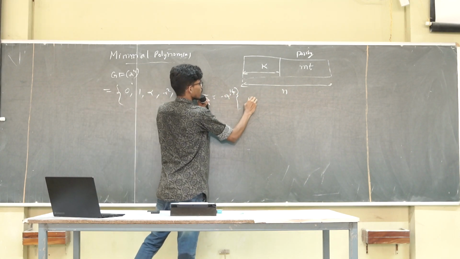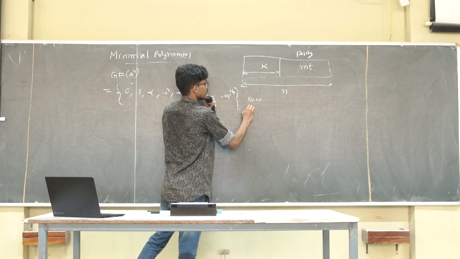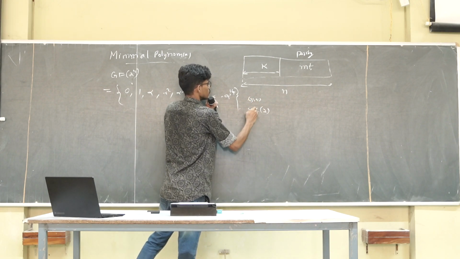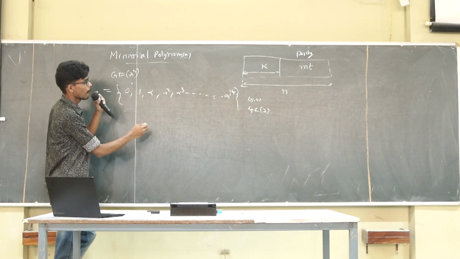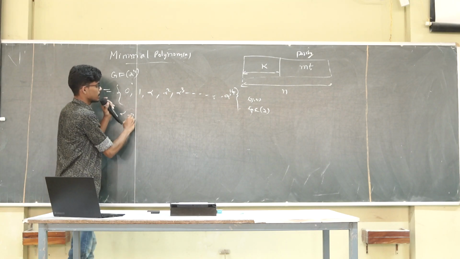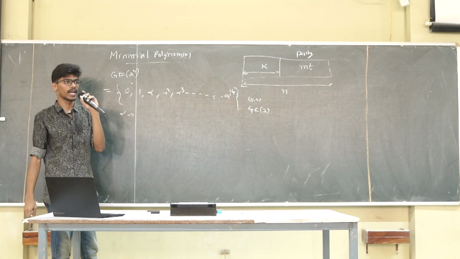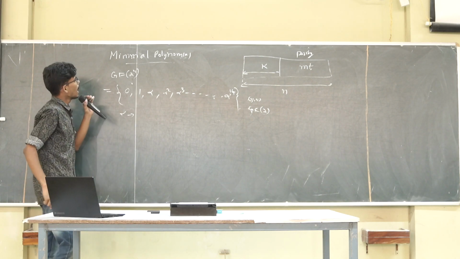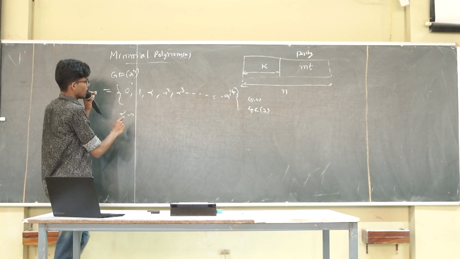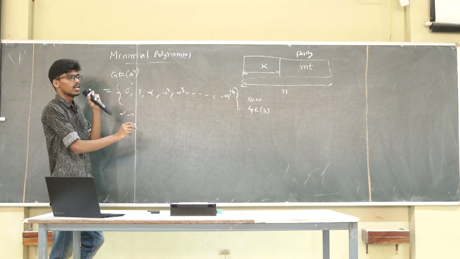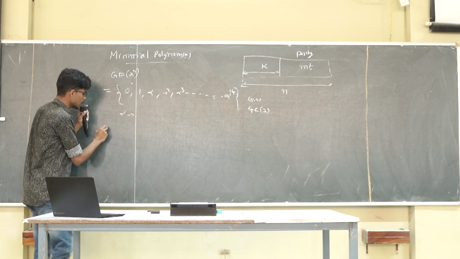It is defined over GF2, and listen here. Alpha is the primitive element, or generator element, right? And you know that this is an extension, so I am defining a minimal polynomial.